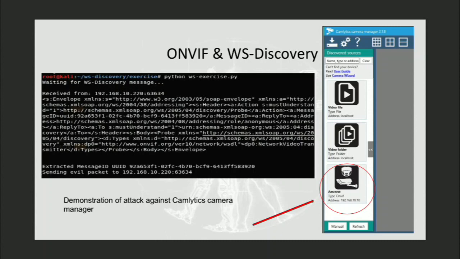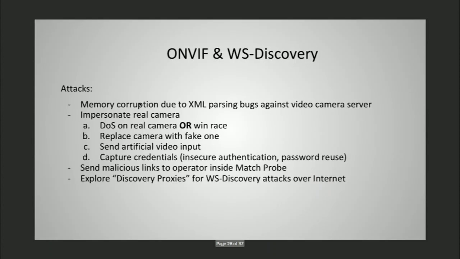Because whenever the server asks, is there any camera here, you can just send a spoofed reply using this protocol. And the attacks that you can do there are, first of all, since we're talking about XML, because it's SOAP queries, you can easily trigger a lot of memory corruption vulnerabilities.